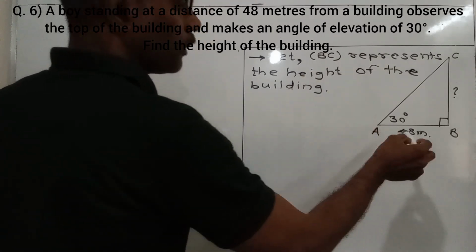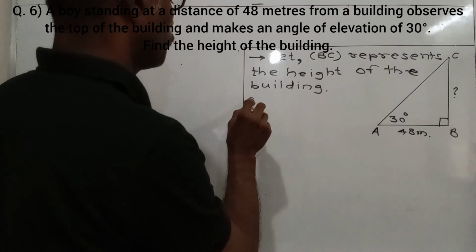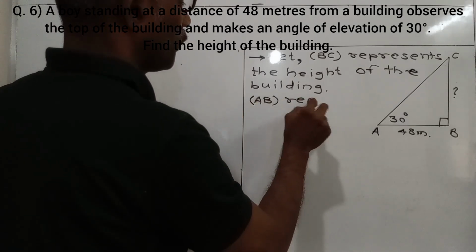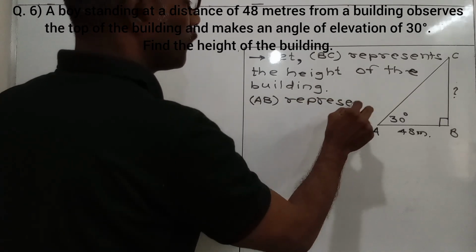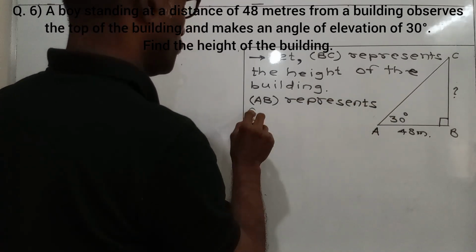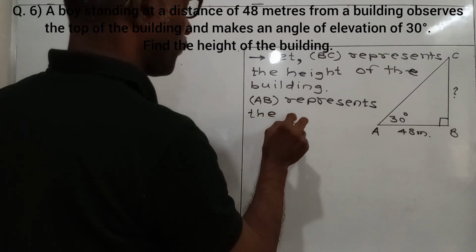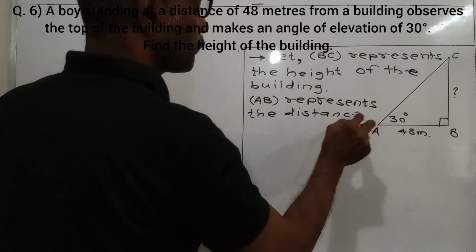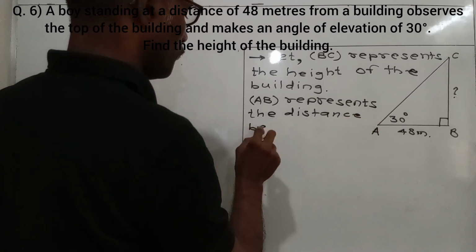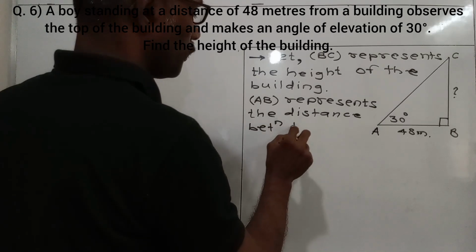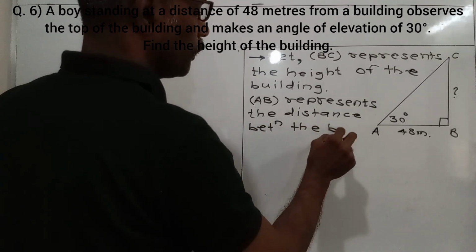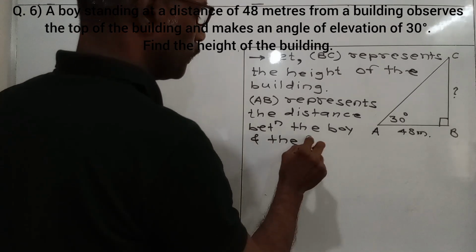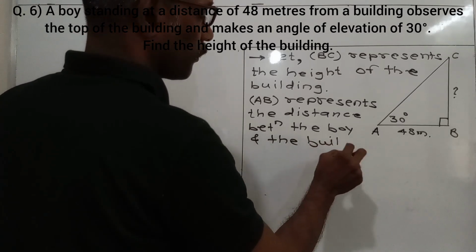Then AB represents the distance between the boy and the building.